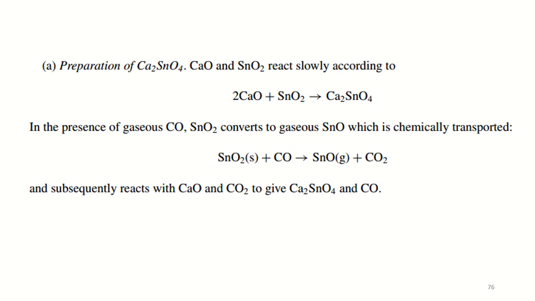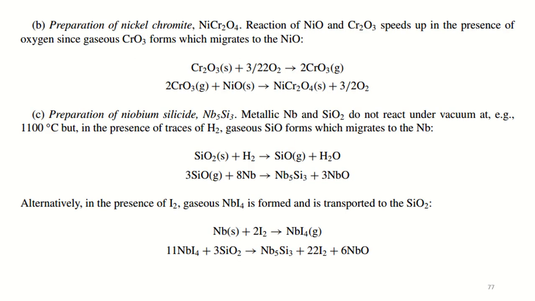SnO2, which is in solid state, is reacted with carbon monoxide and changes into SnO and carbon dioxide, which subsequently reacts with calcium oxide and carbon dioxide to give calcium tin oxide and carbon monoxide.